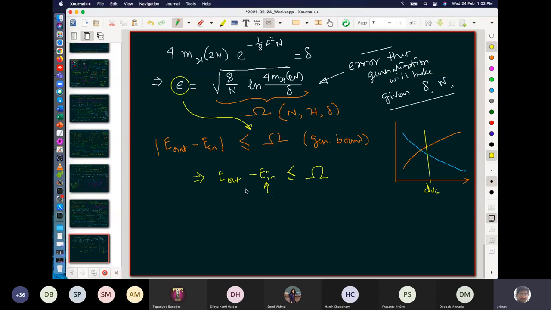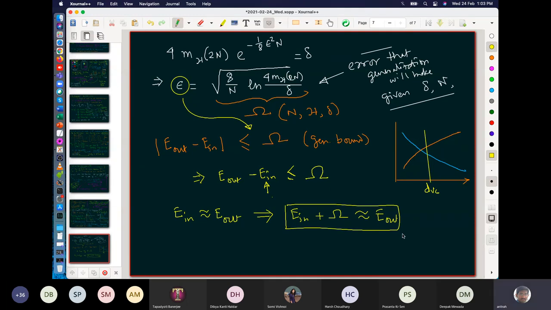So obviously my E in plus epsilon is what my E out should be. That's how I generalize. When I say my E in generalizes the out of sample, I want to make sure that E in plus this error will generalize my E out, right? This error. And that's what the generalization bound is all about.